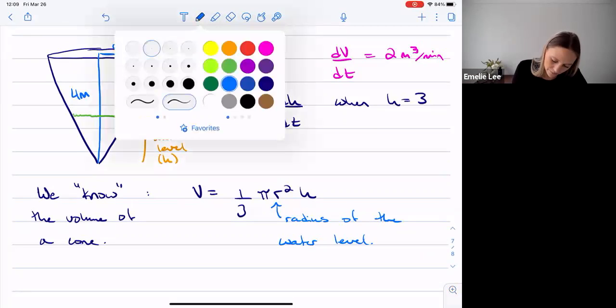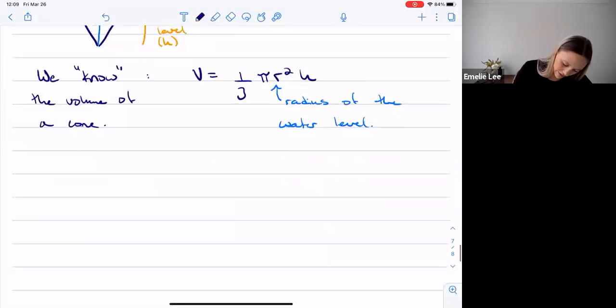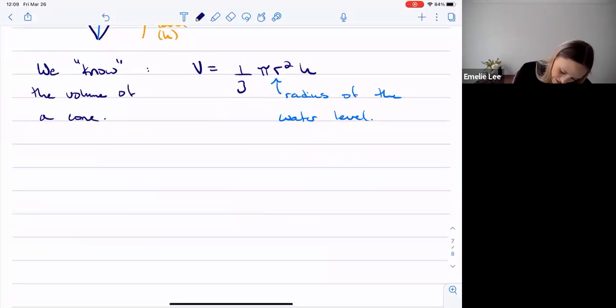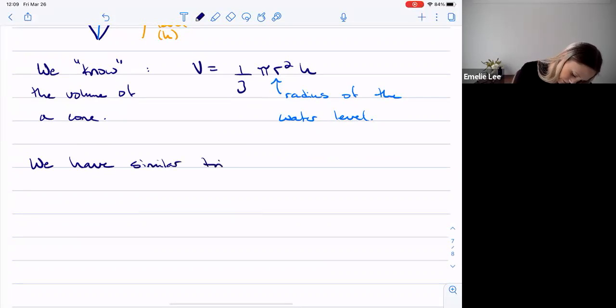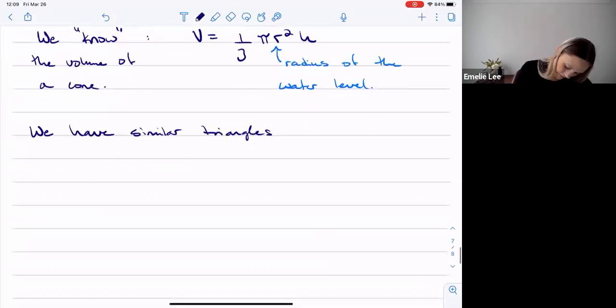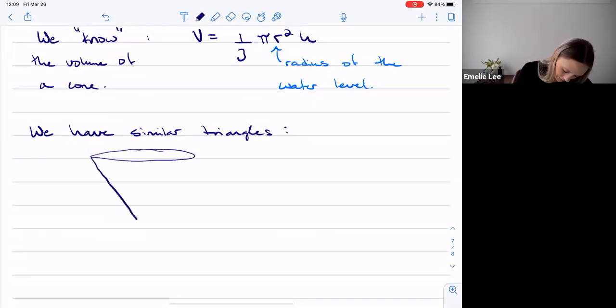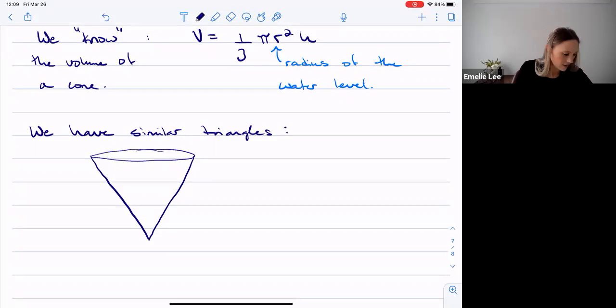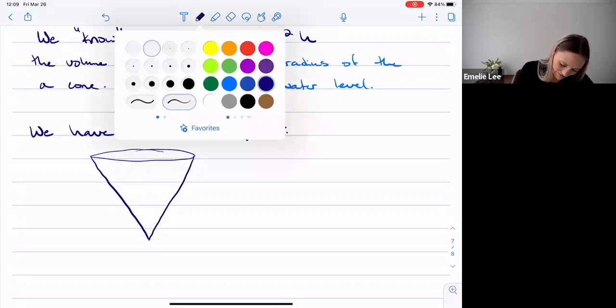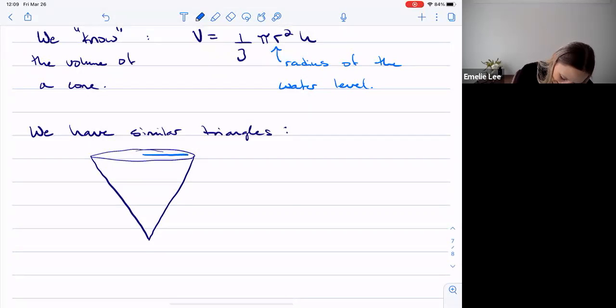So let's see here. So what we have is we have similar triangles. I'm just going to go for it. Right, because we have this overall cone. And this was 2, and this is 4.